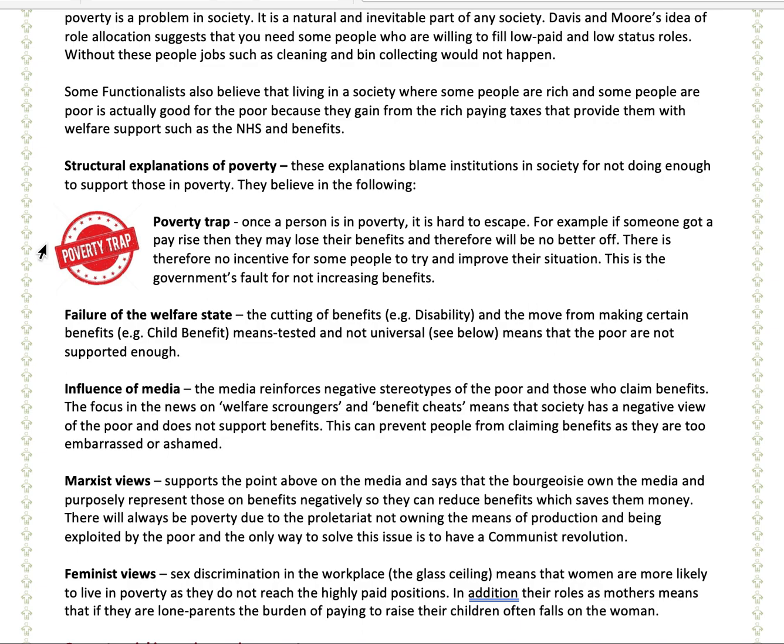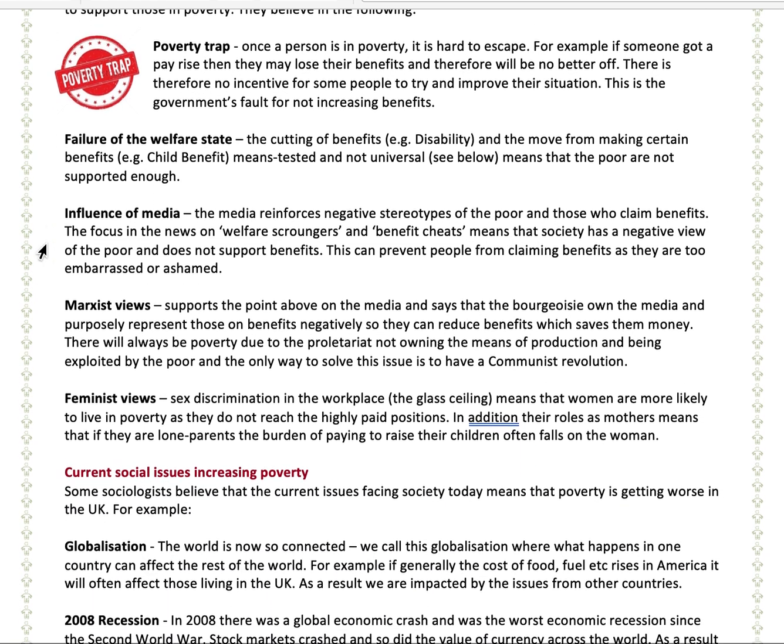Or sometimes if you have children, it might cost you more to put them in childcare to go to work than to just live off benefits and look after your children at home. So the poverty trap is the idea that the way our welfare state works means it's very difficult to get out of poverty, because promotions end up with greater financial hardship.